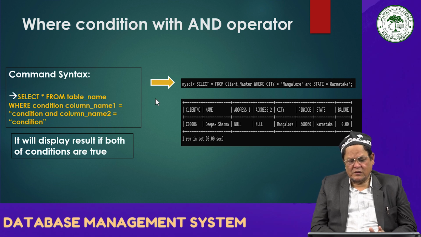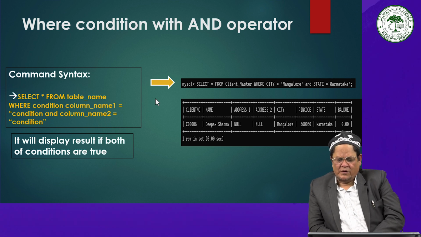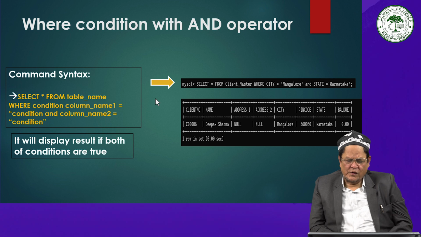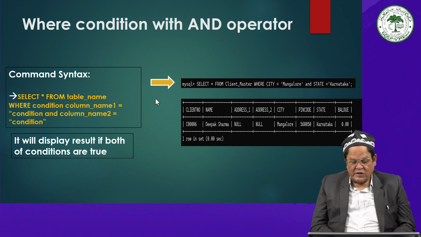The client who is living in Mangalore, and the state is Maharashtra or Karnataka, whatever. Here I have used Karnataka and Mangalore. Then the result will be displayed like that: client number C006, name Deepak Sharma, address 1 null, address 2 null, because we have not defined not null.